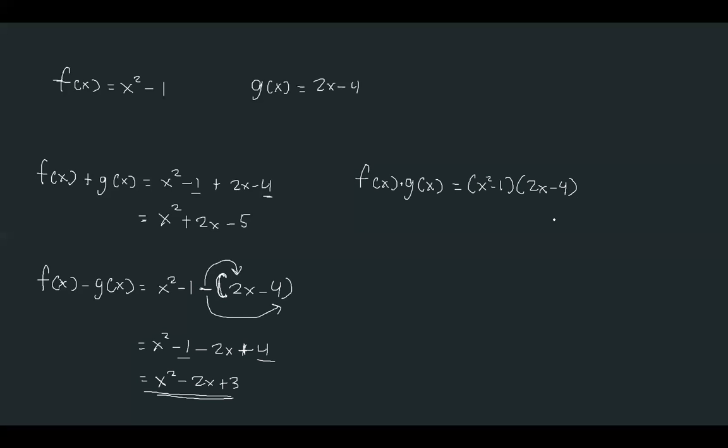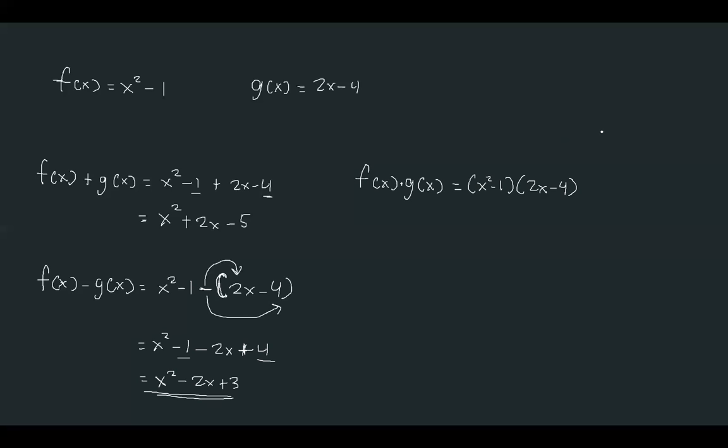For this one, you can just leave it be, but usually what they do here is expand this one. By expanding, you're going to use the FOIL method in this case.